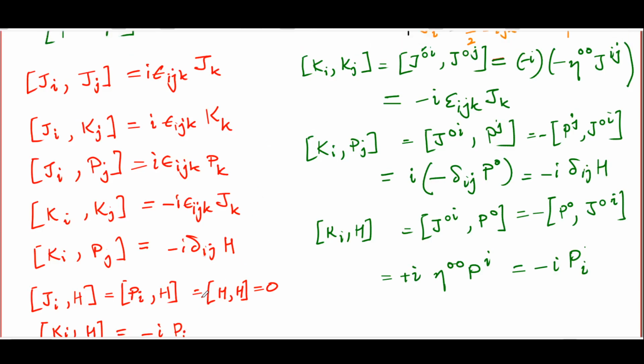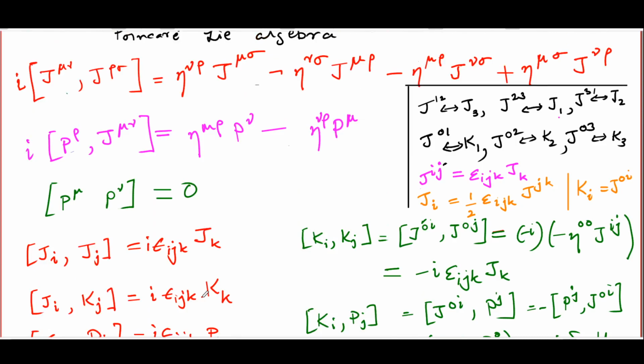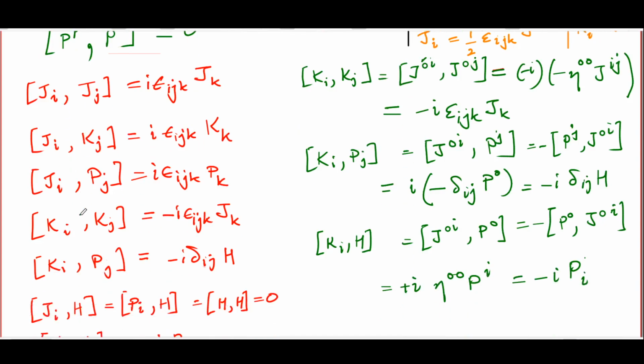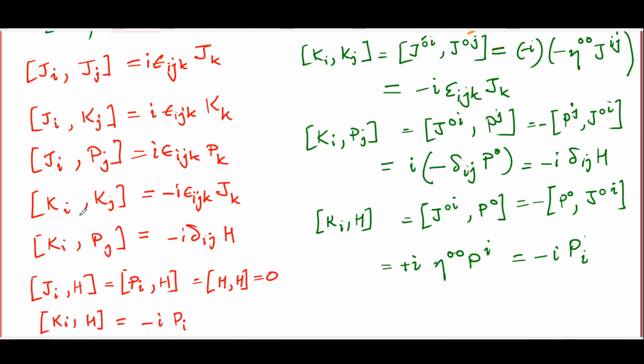we could either work with this set of 3 commutation relations. These are really 3 sets of commutation relations between J's and J's, P's and J's, and P's and P's. Or you could work with this larger number of commutation relations involving mostly operators which are more familiar, like the angular momentum, the momentum, and the Hamiltonian.